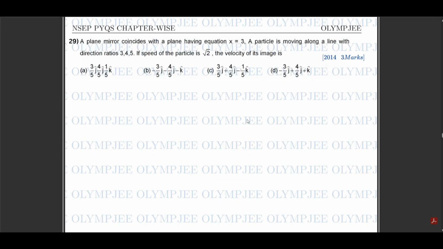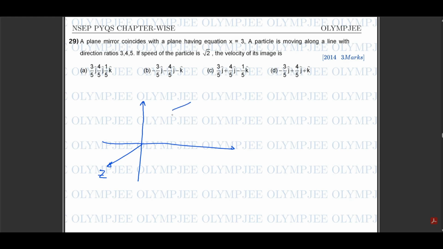Question 29 says that a plane mirror coincides with a plane having equation x is equal to 3. A particle is moving along a line with direction ratios 3 is to 4 is to 5. If speed of particle is root 2, then velocity of its image is. So assume this is the y coordinate, this is x, and z is in this direction.